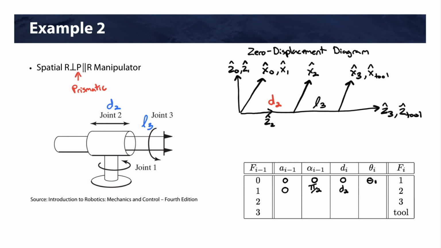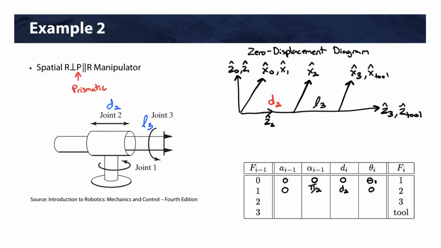Well, in this case, the angle is fixed, it's 0. Okay, so there's no theta 2 variable. So for revolute joints, you'll keep theta as a variable, and for prismatic joints, you'll keep the D as the variable. All right, so now we're at frame 2, and we want to get to frame 3.